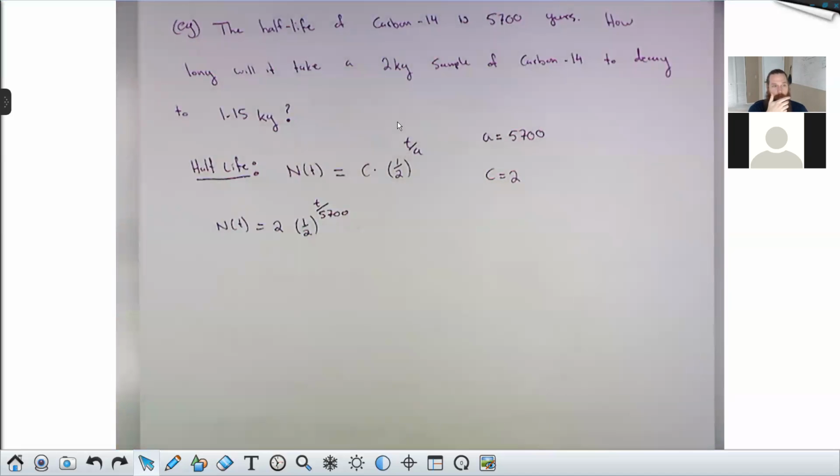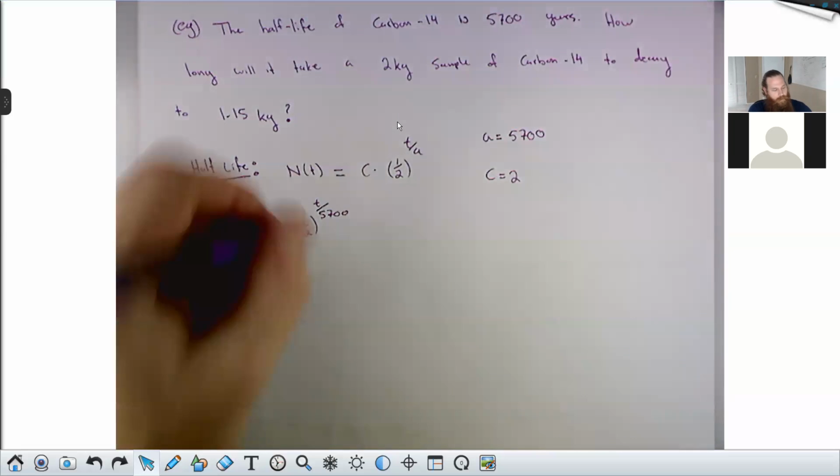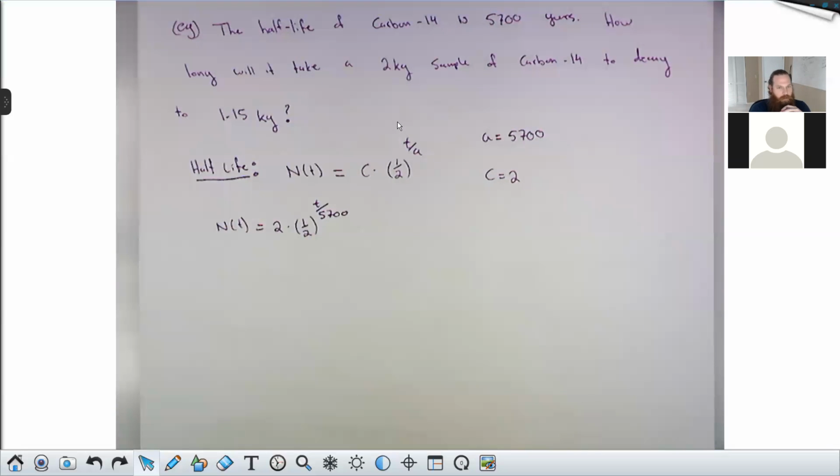This is true, by the way, right? You take a lump of carbon-14, let it sit for 5,700 years, it will weigh half as much because it actually decays. All right. How do I take this model and use it to answer the question?